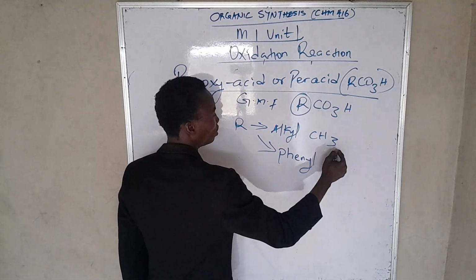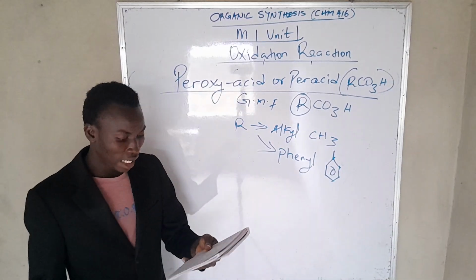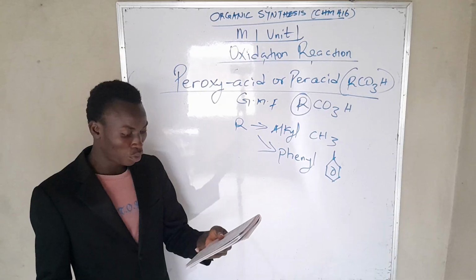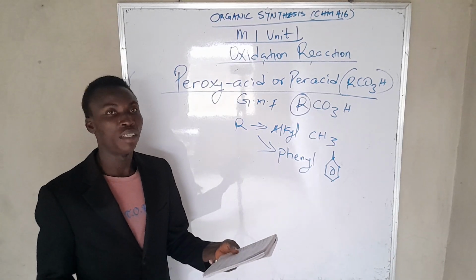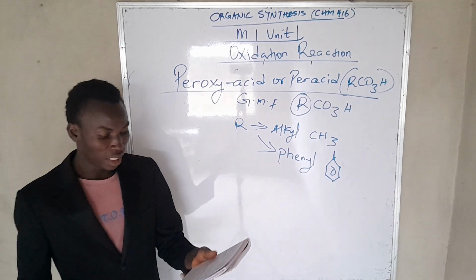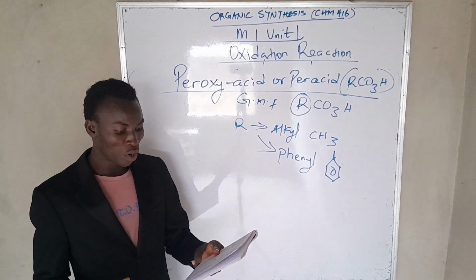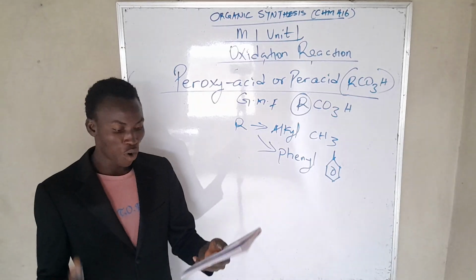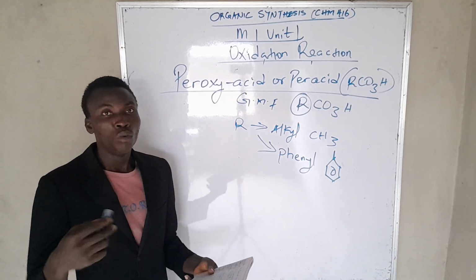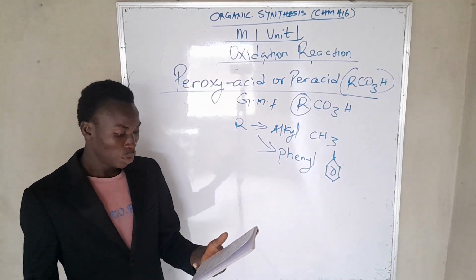It can also be benzoic or any other related compound which can be used there. So in this case, where do we use this acid? It is used for oxidation of many organic compounds. Take note of that.